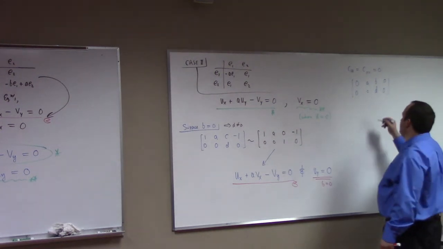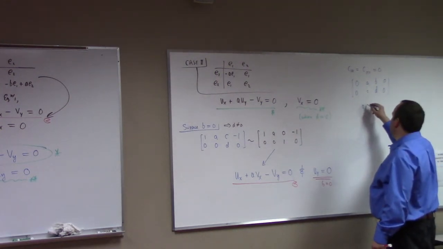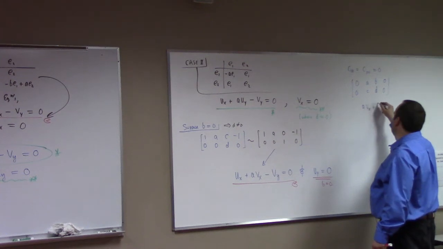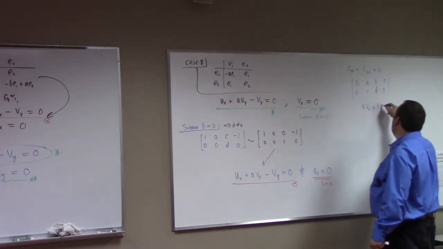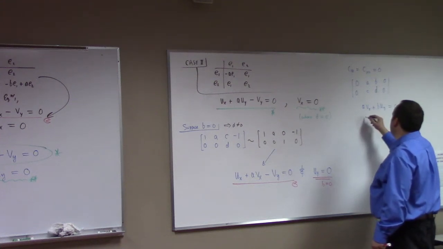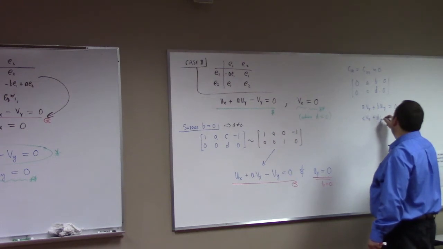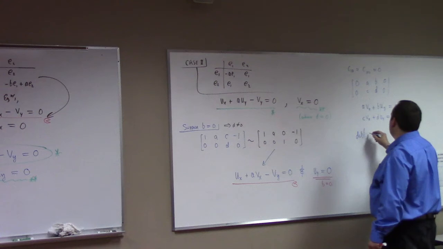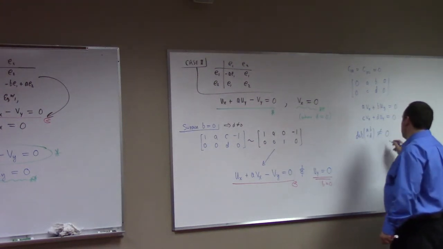Which corresponds to something like A Vx plus B Uy equals 0 and C Vx plus D Uy equals 0, where the determinant of A, B, C, D must be not equal to 0.